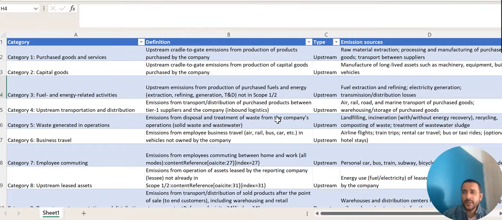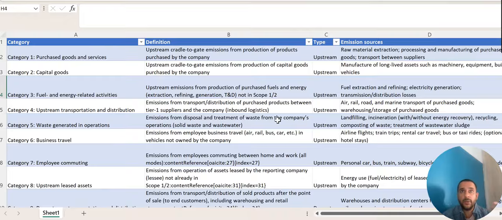Now, the best way to go about all these categories is to first understand what is included, what the definition says, and what these emissions are about, right? And understand the journey, say in case of category 1 and 2, of those raw materials from the time they come into the world in their present shape, till the time they reach your factory.